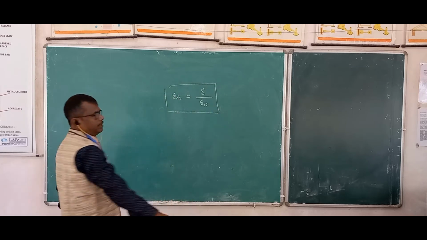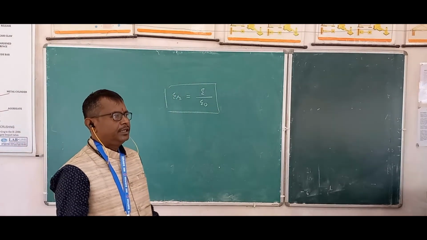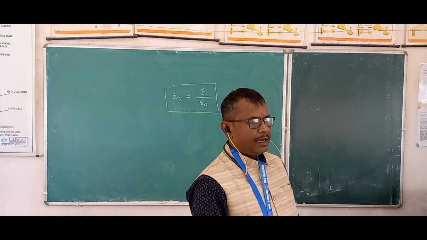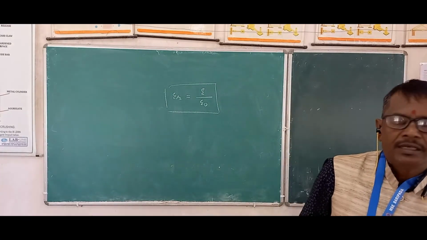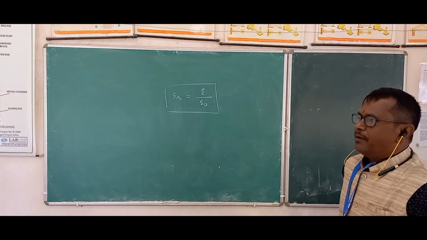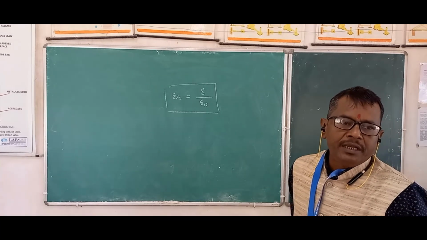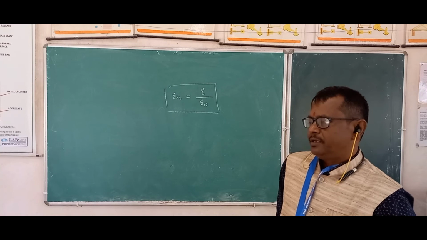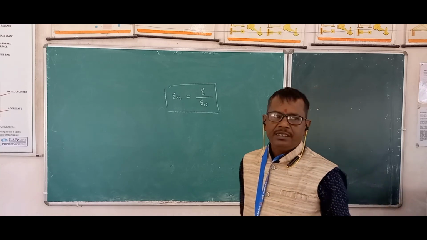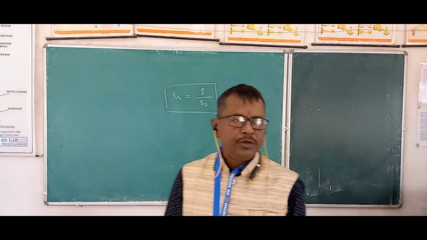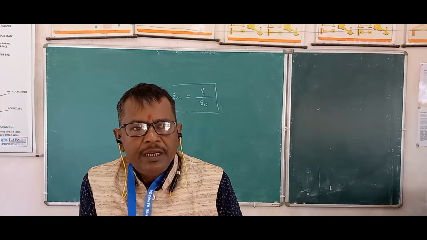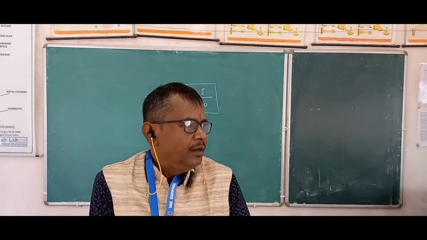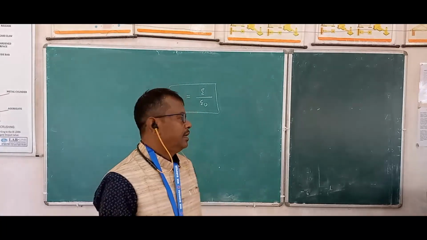You see, epsilon R is relative permittivity, epsilon is absolute permittivity, and epsilon 0 is permittivity in free space. The relative permittivity is defined as the ratio between absolute permittivity and permittivity in free space.